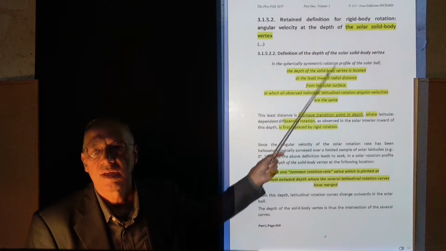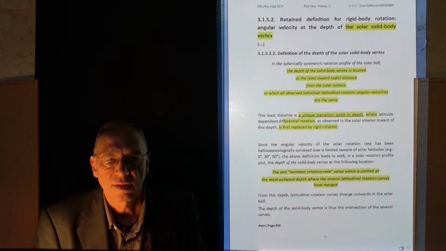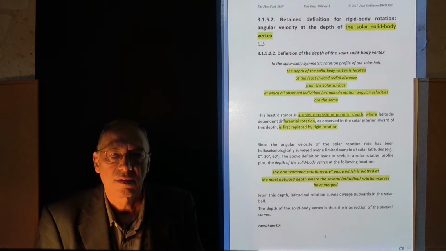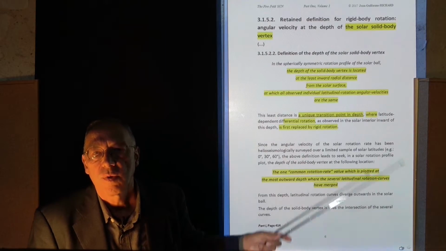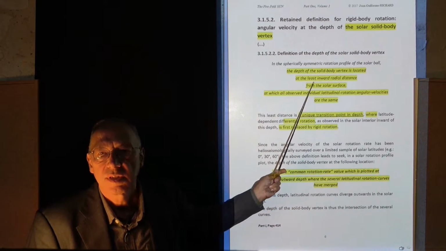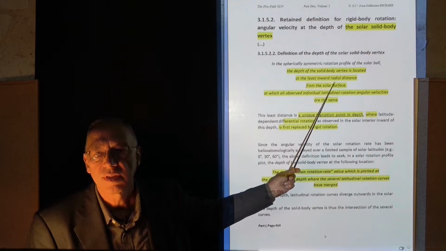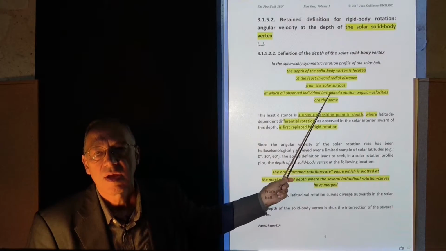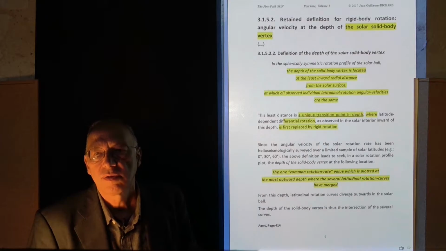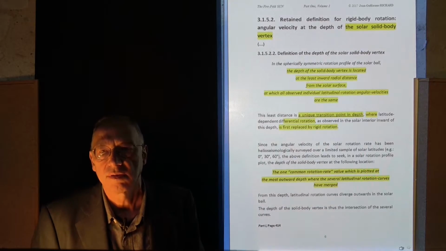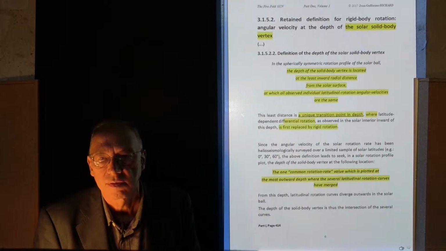It defines a so-called solar solid body vertex as a certain depth inside the solar ball, located at the least inward radial distance from the solar surface, at which all observed individual latitudinal rotation velocities are the same, angular velocities, of course.